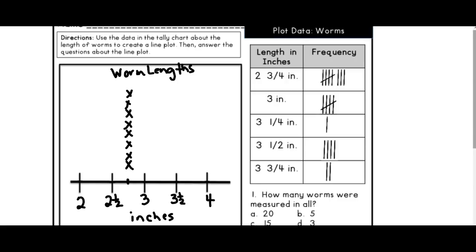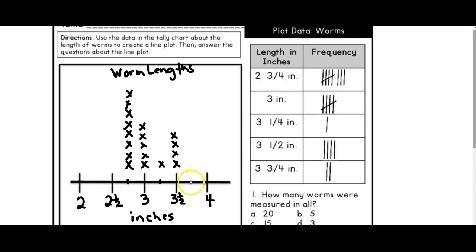And then at 3 1/4, I need to put 5 pieces of data. Oh, I don't have that either. So we know that 1/4 is halfway between 3 and 3 1/2. So we're going to put an X right there, right at 3 1/4. At 3 1/2, we have 4. And then 3 3/4.